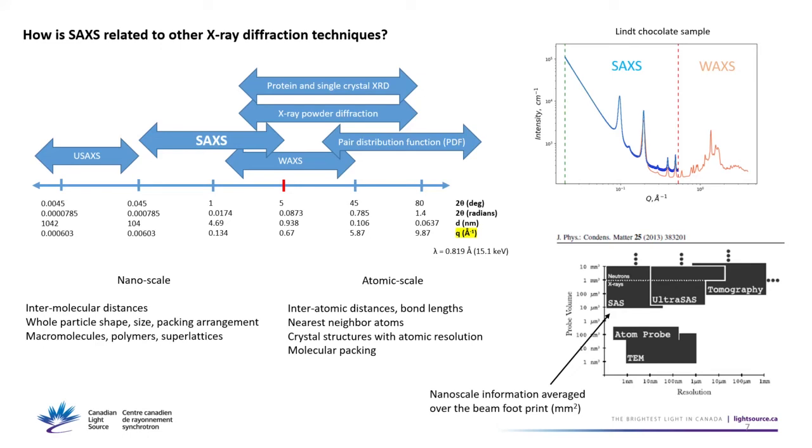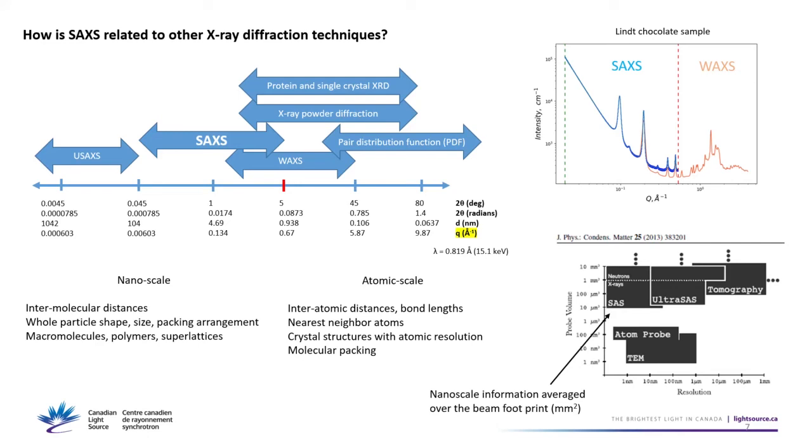But again, with these other techniques like powder diffraction and pair distribution function, it's really focused on atoms and interatomic distances and bond lengths, whereas SAXS is more about the nanoscale or intermolecular things. And it also bodes well with microscopy techniques.